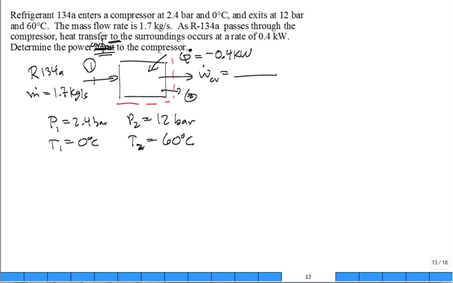So we do our control volume, and we write our energy balance equation. Rate of change of energy in the control volume with respect to time is equal to Q dot in minus W dot CV out. If I'd have changed the direction, I'd have put a plus there. But I didn't. And so that's why it remains a negative sign. Plus the mass flow rate in times its enthalpy in.